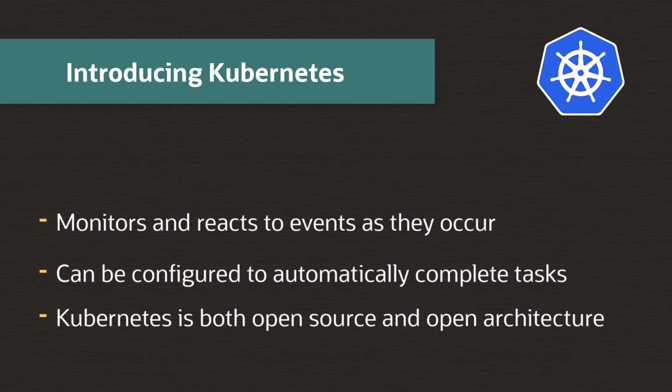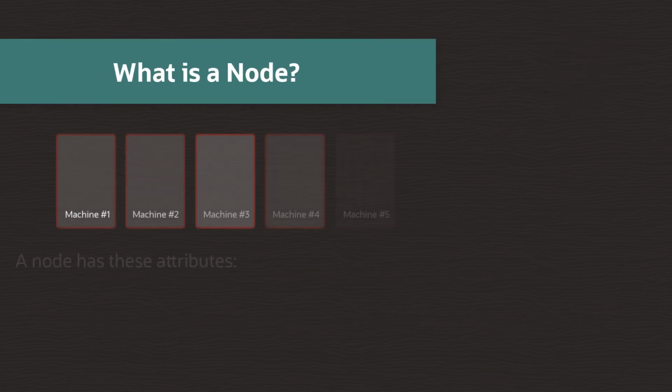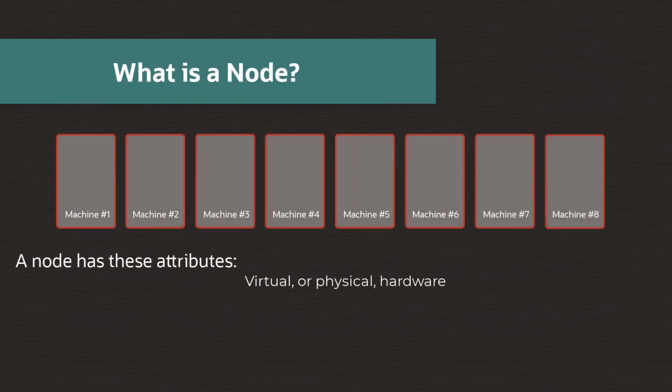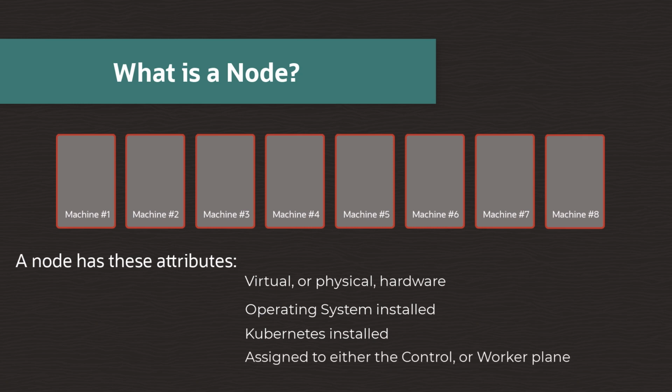So, what architecture do you need to use Kubernetes? The minimum requirement is a cluster of computers, also known as nodes. So, what defines a node? Well, a node is a machine which may be virtual or physical, where an operating system and Kubernetes has been installed. In the Kubernetes world, each node is assigned to one of two roles, which are known as planes, either a control plane or a workload plane.